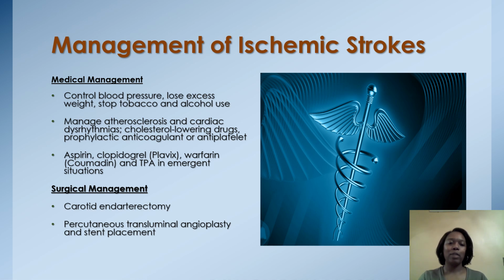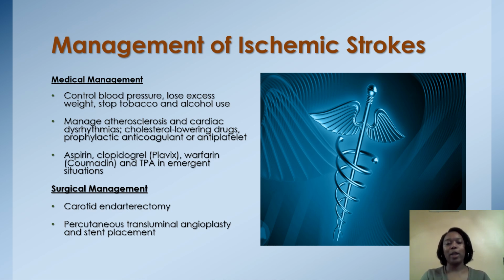Some examples of these medications are aspirin, Plavix, Coumadin, and TPA, which is an emergent drug that is used to manage a CVA within the first 3 to 4.5 hours, and we'll discuss that in more depth shortly.